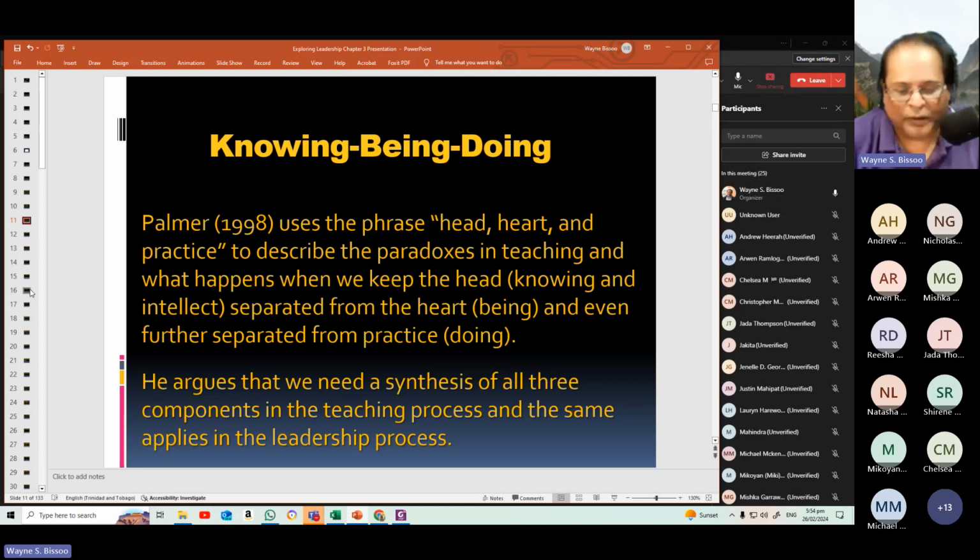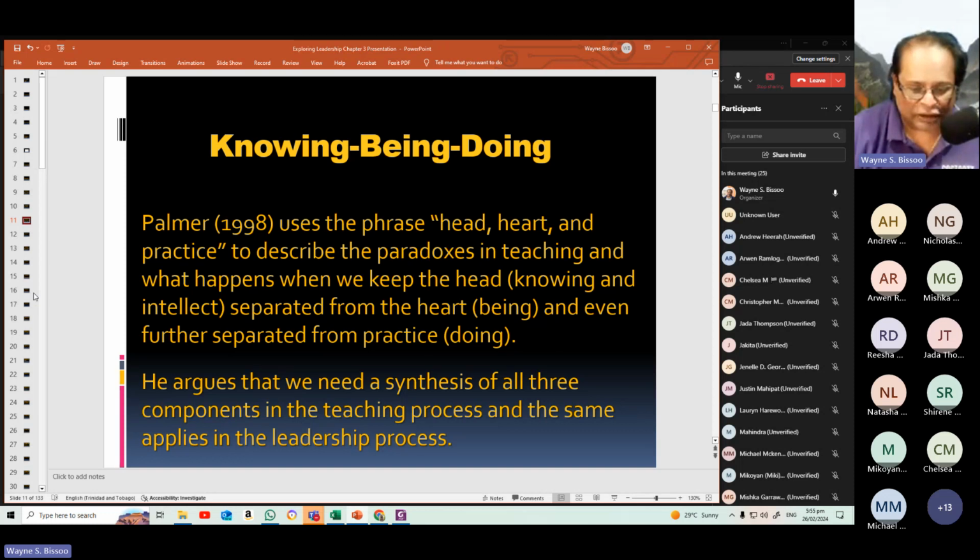Now, I know some of you, unfortunately, may have experienced this personally, where you've come across teachers in the past who are really intelligent or highly qualified, but simply don't have the heart for the profession that they've chosen, and therefore their practice reflects that.